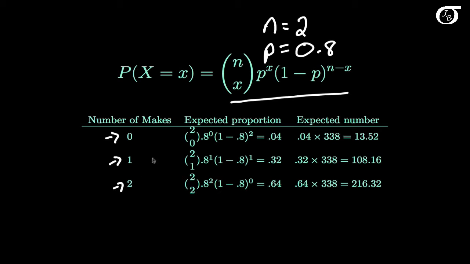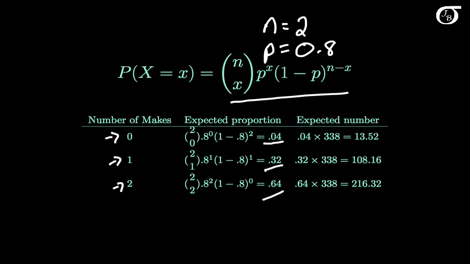If we were to do that, we would see that the expected proportion for 0 makes is 0.04, or in other words, around 4% of the time we would expect him to miss both free throws. 32% of the time we would expect him to make one and miss one, and 64% of the time we would expect him to make both.